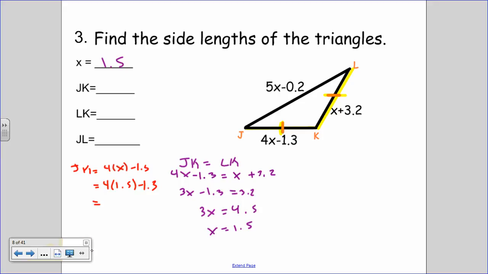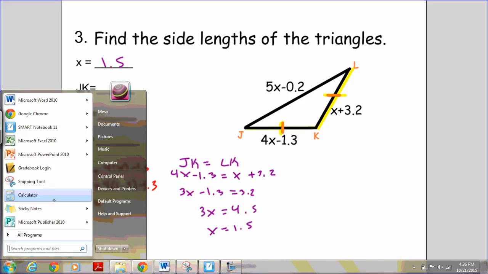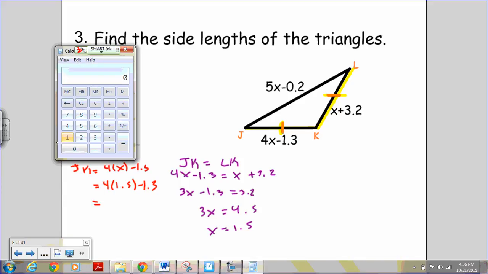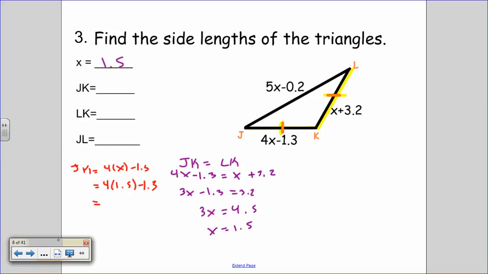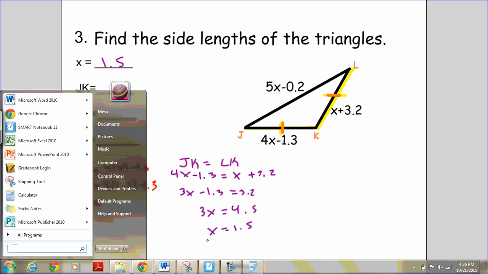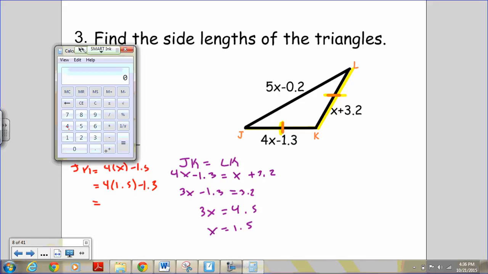Let's grab our handy dandy calculator. 4 times 1.5 is 6.